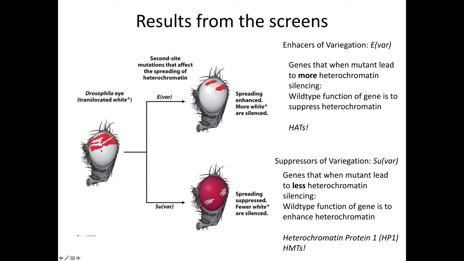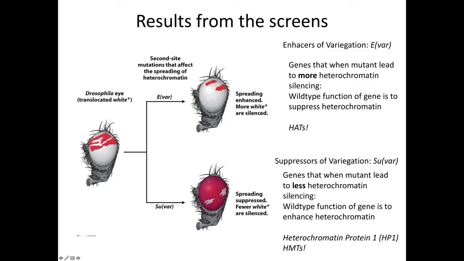You could generate mutations, and you can identify strains of Drosophila that have more white, so more repression. This means that the spreading has been enhanced and there's more white plus silencing, and these are called enhancers of variegation.